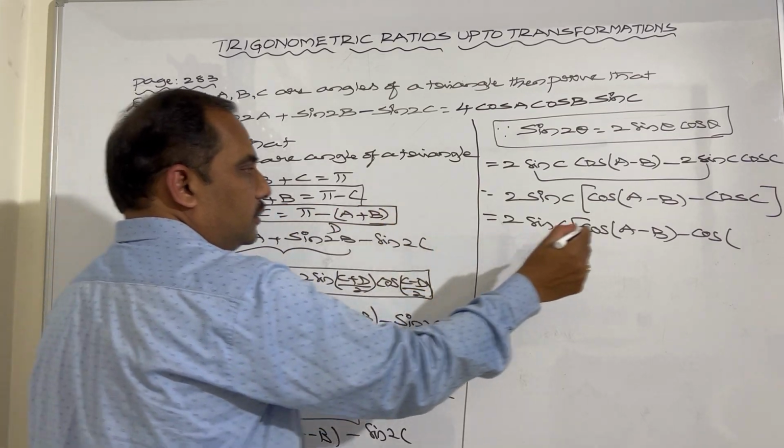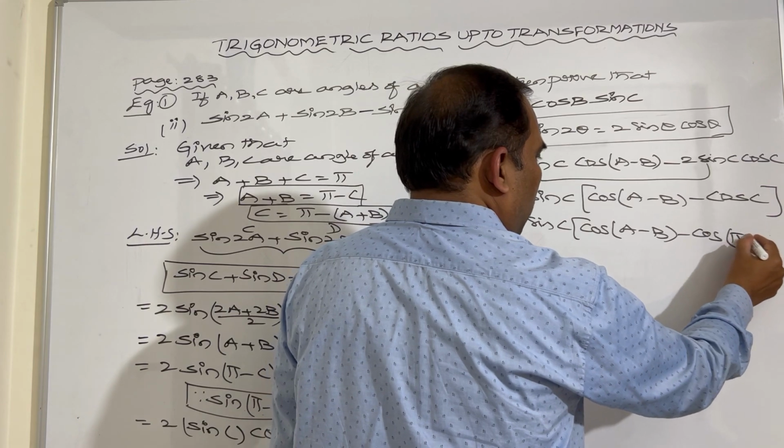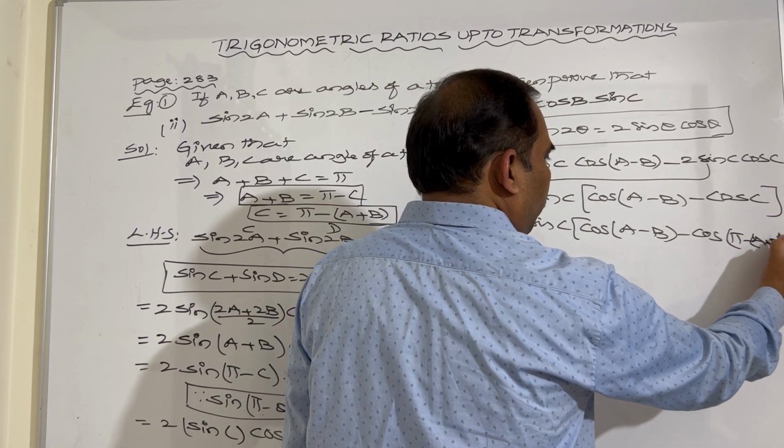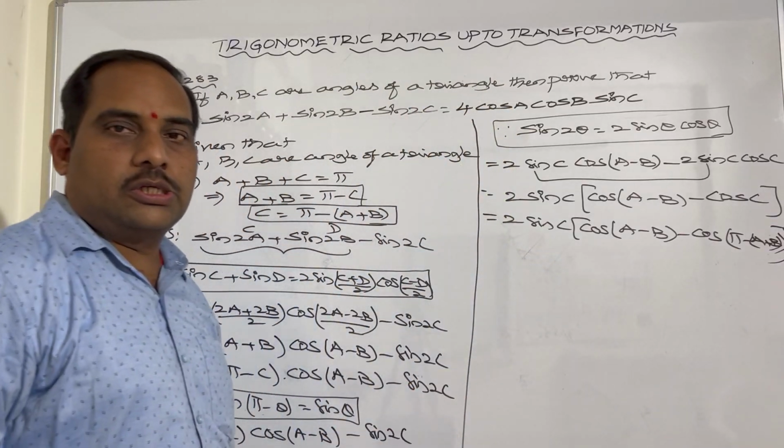So C is replaced by 180 minus (A plus B).